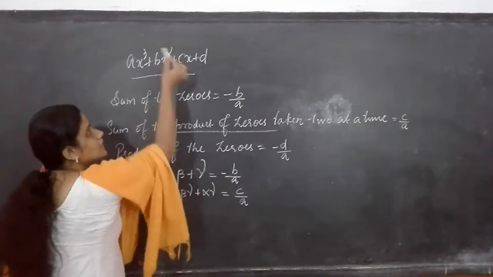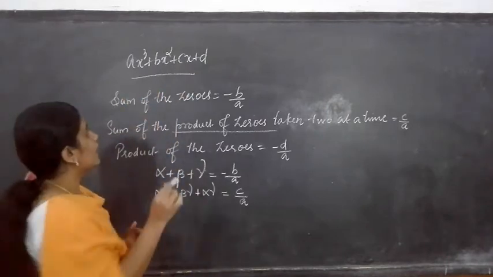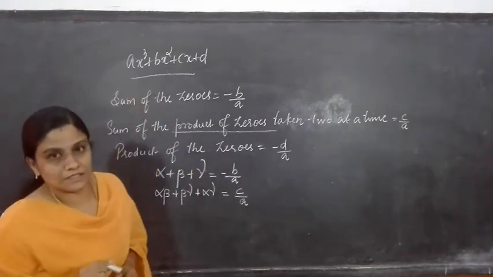Here c is the coefficient of x by the coefficient of x cube.